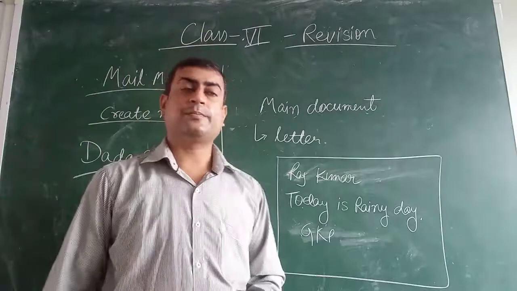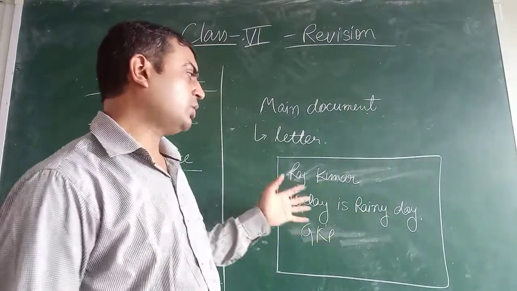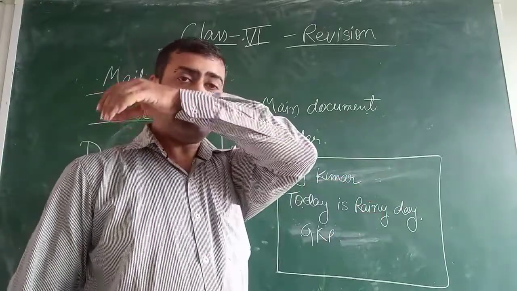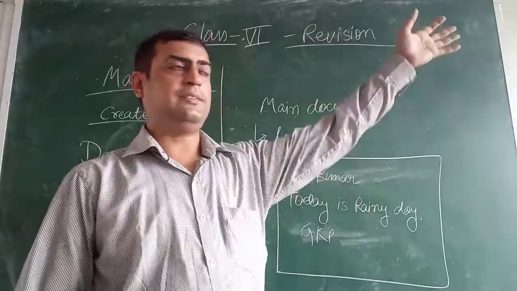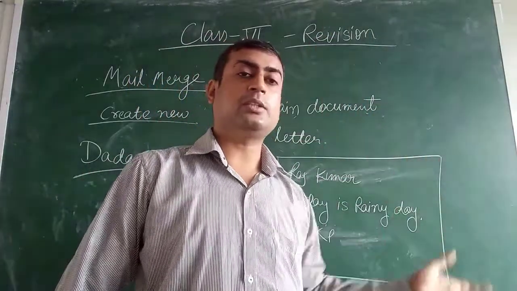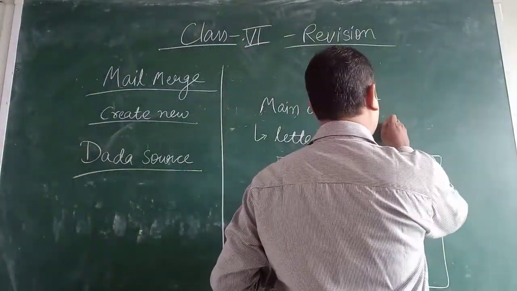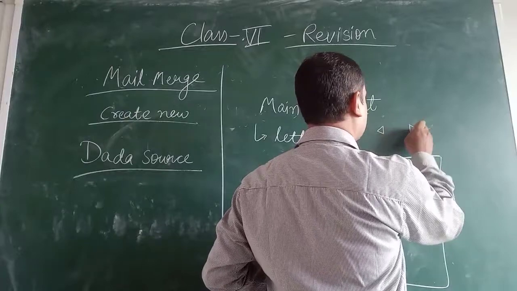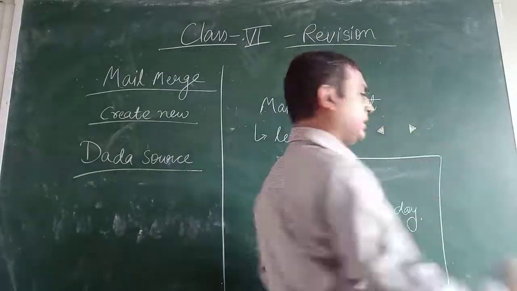Now the second thing, how will you change to the next name? Only the first one is shown to you. If in your database, you know, I have 50 members in my data source, how will it change to the next? You will get an arrow-like button upside.